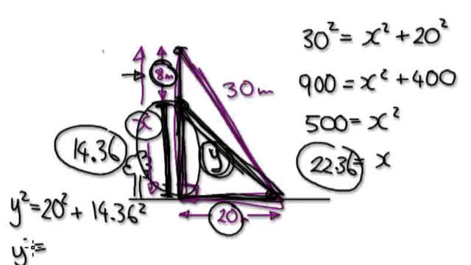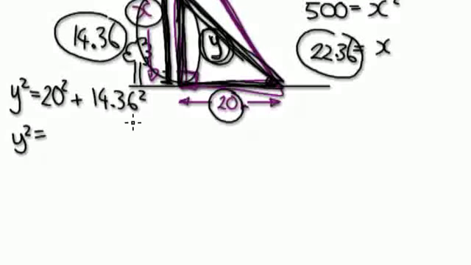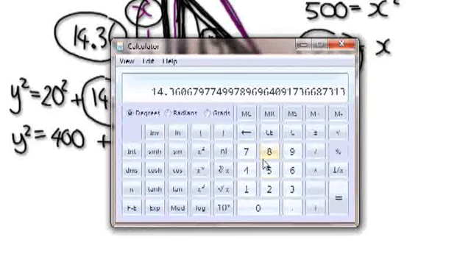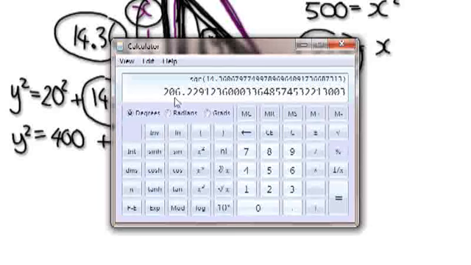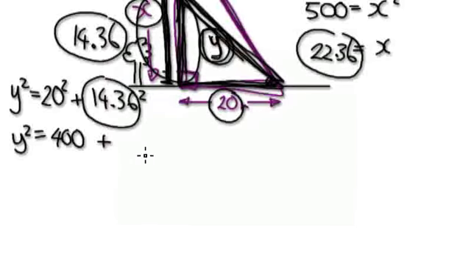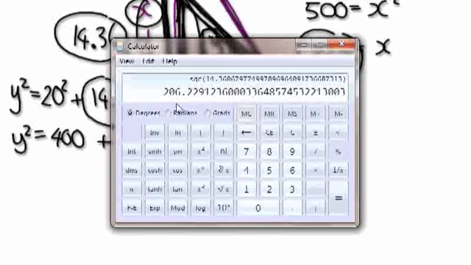Now, so y squared equals 400 plus, now this number squared will be 206.23. Let me double check. Yeah.